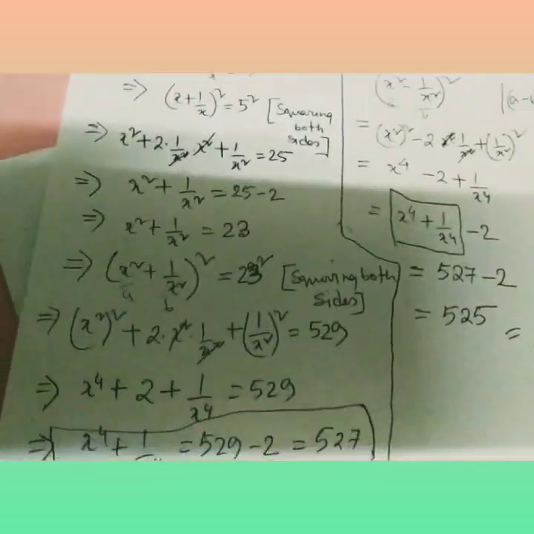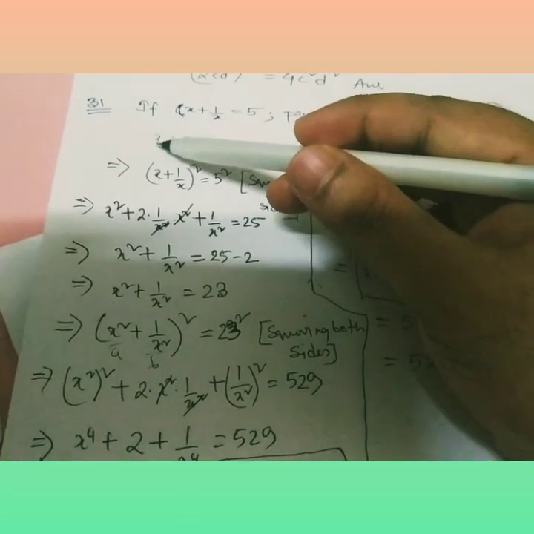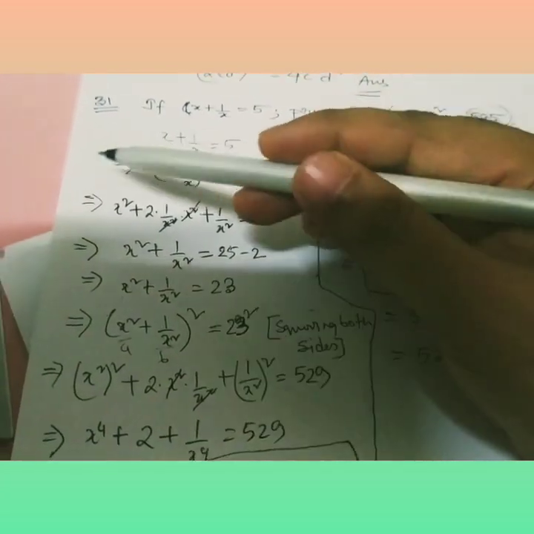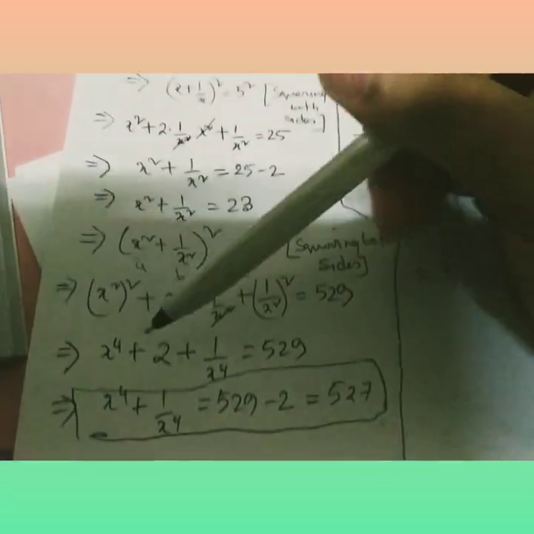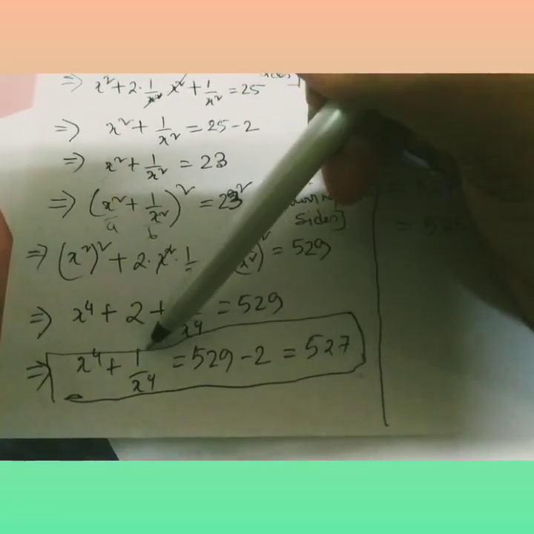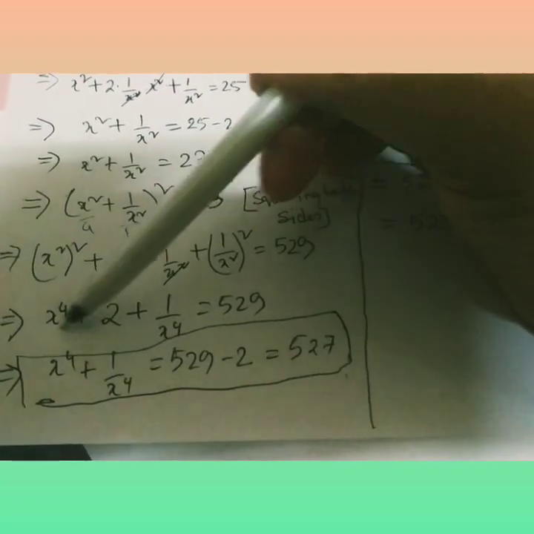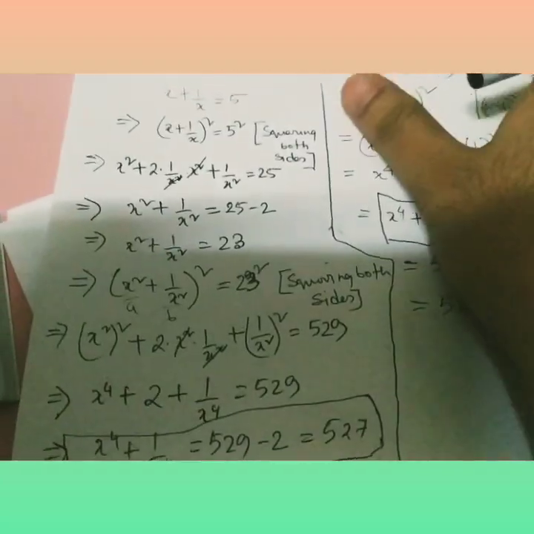You just need to find the value of m to the power 4 plus 1 by m to the power 4. So if you compare this with 34, this is actually given. Instead of x plus 1 by x, m plus 1 by m is given. Instead of x4 plus 1 by x4, you need to find the value of m to the power 4 plus 1 by m to the power 4. So quite similar. So I hope you can do it at home.